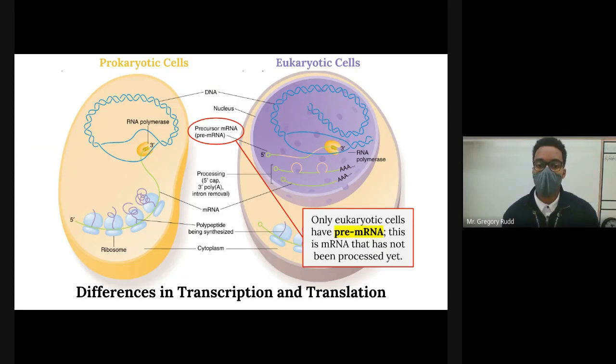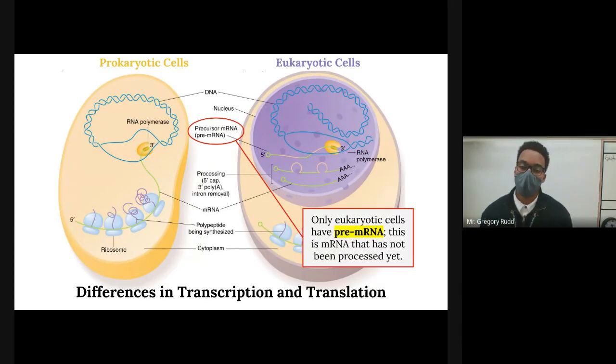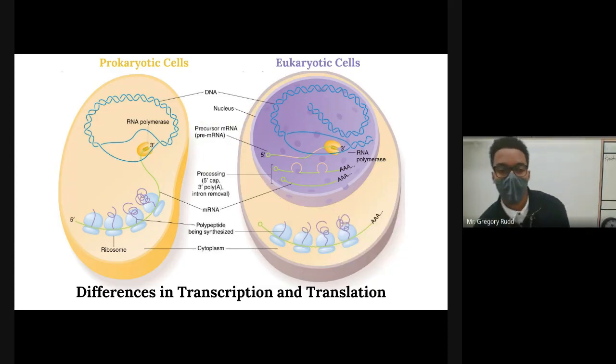So this pre-mRNA is kind of like the very first product of transcription in a eukaryotic cell. Good? Okay. Then we're going to look at this processing as well.